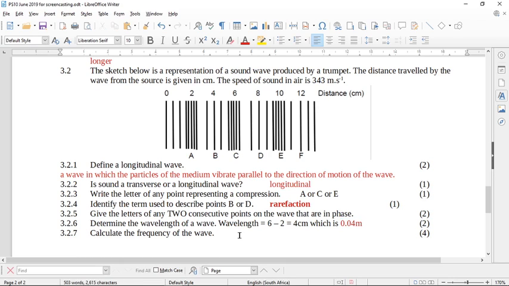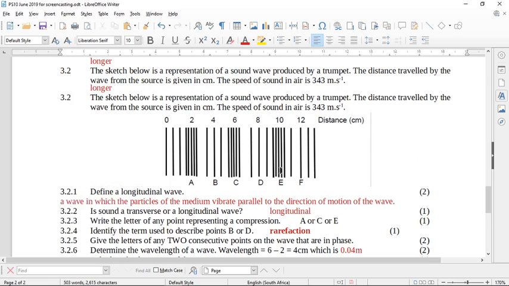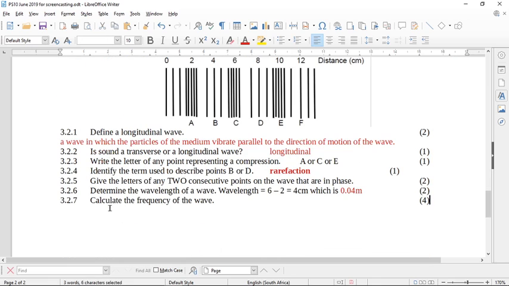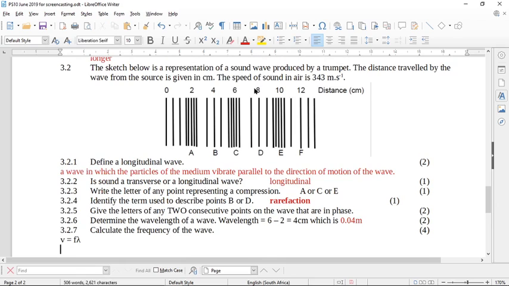And then it says to you, calculate the frequency of the wave. So we're going to use V equals F lambda, okay? Here's my V equals F lambda. We know the V, they told it to us in the question. The speed of sound in air is 343. So V equals F lambda, and F is what we are trying to find.